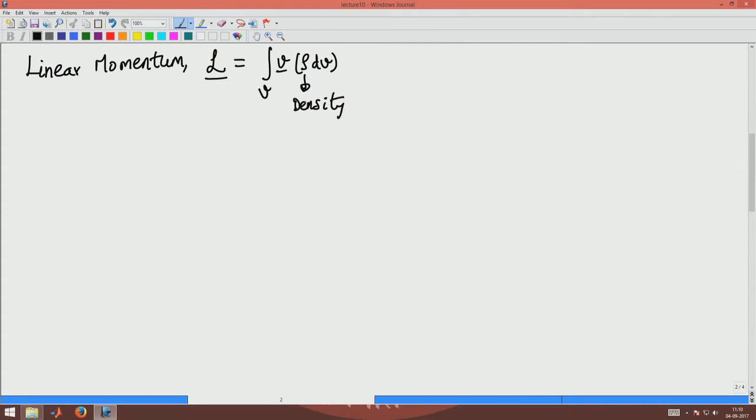Density is mass per unit volume, so if you multiply by volume, we will get the mass. So, this we will write as integral of rho v dV.